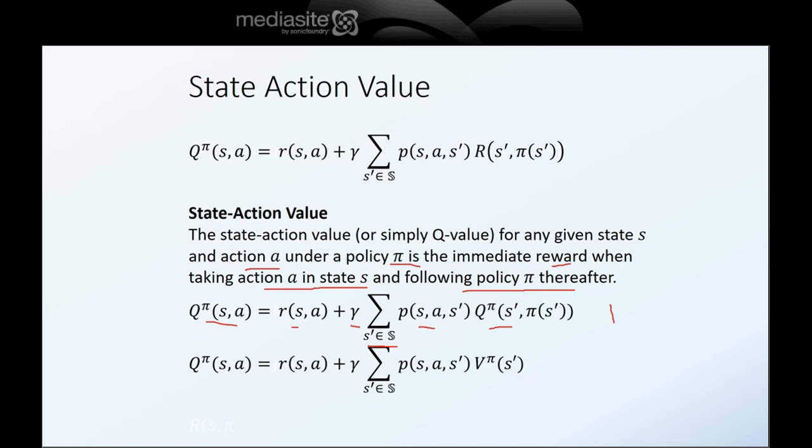And since this is just a function of S prime, when following this action, it is not any arbitrary action like in here. Here we have to evaluate the Q pi for all possible actions. And here this is the action given the policy pi, and so this can be replaced with V pi(S prime), giving rise to this expression here.